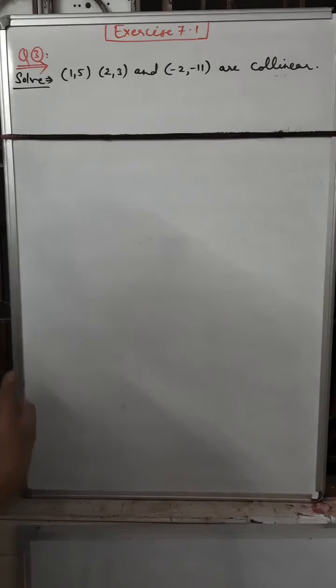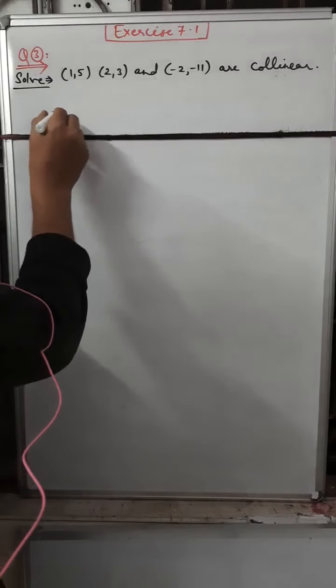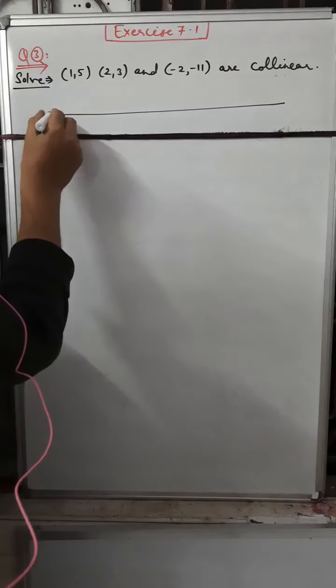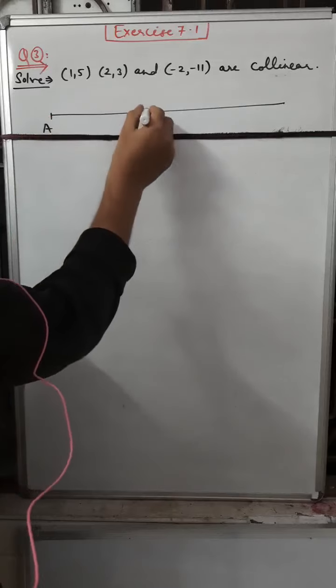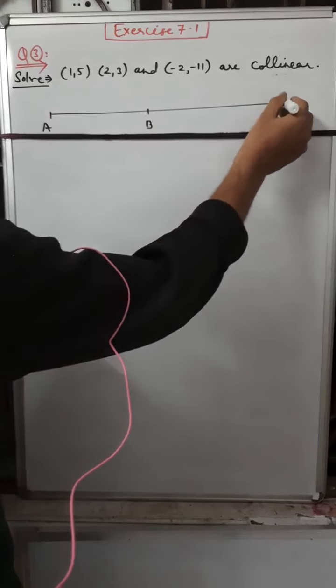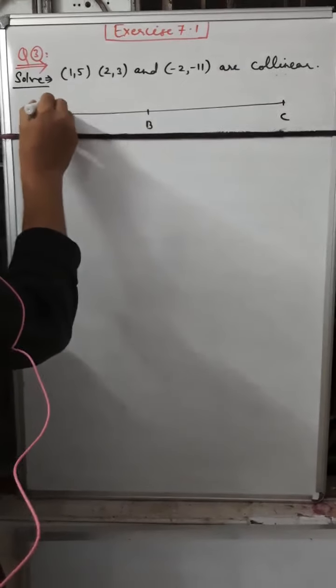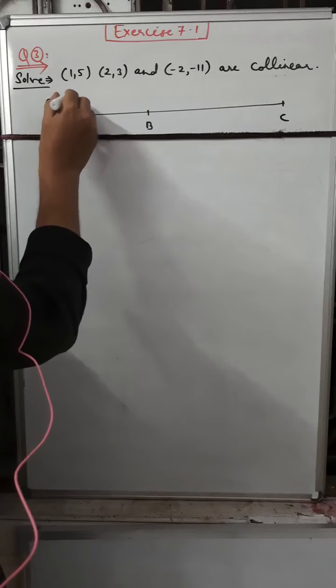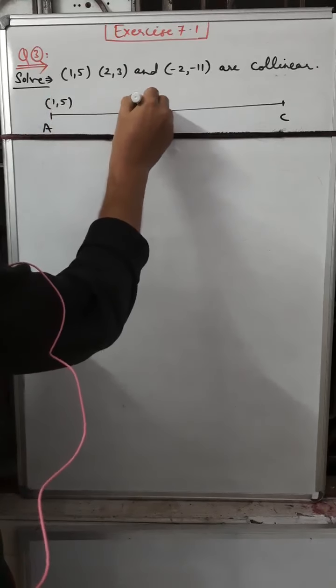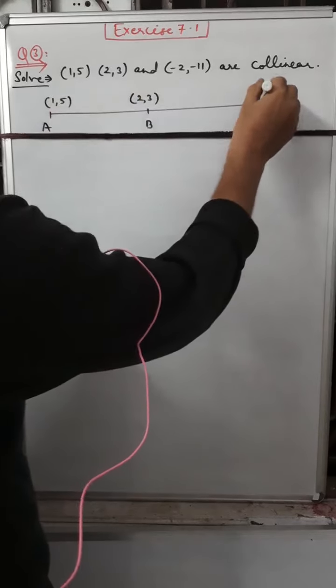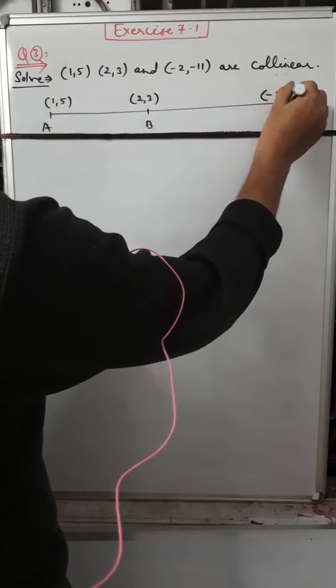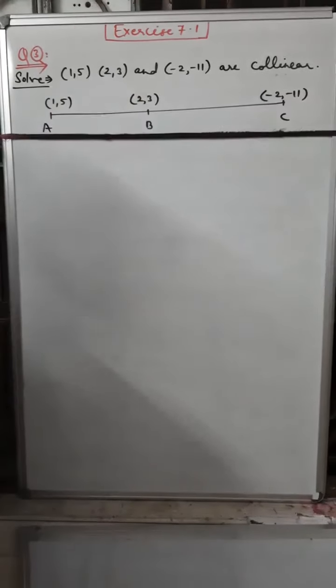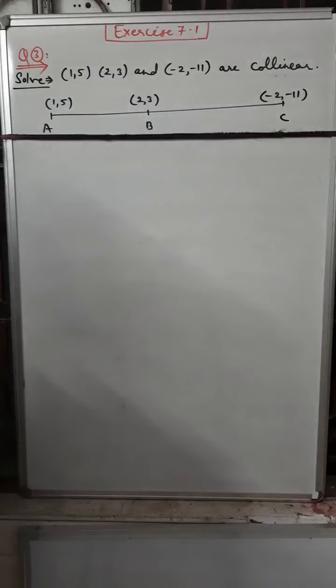So according to the definition of collinear points, they are the points which are situated in the same straight line. Suppose ABC, A is 1 comma 5, B is 2 comma 3 and C is equal to minus 2 comma minus 11. So these 3 points are collinear.